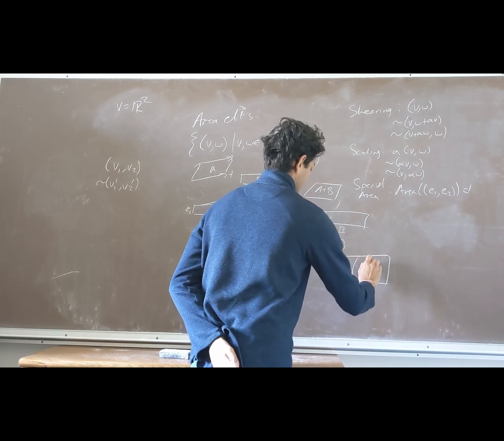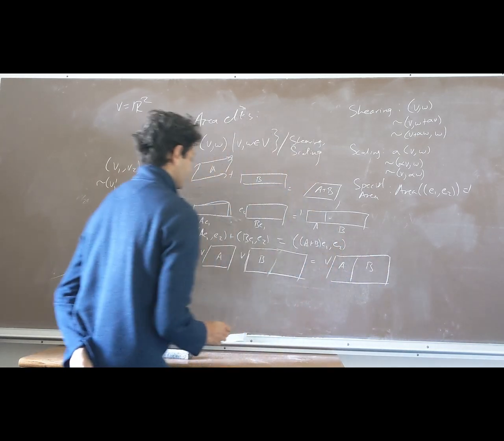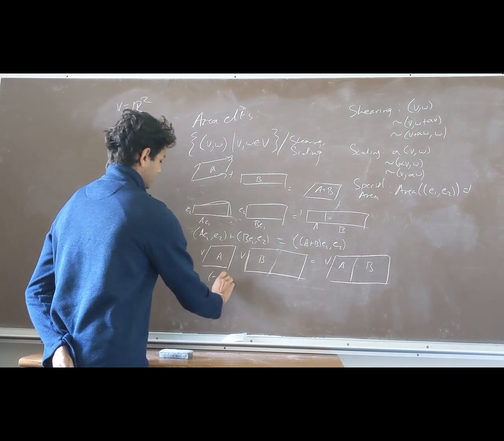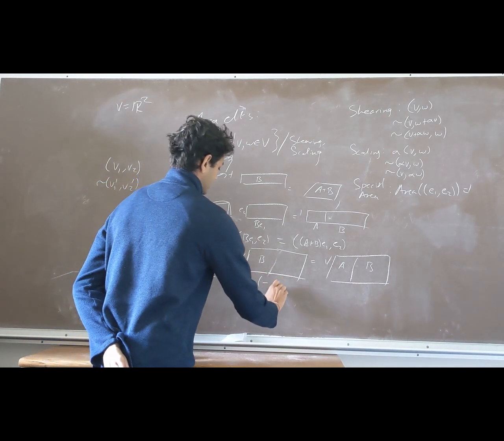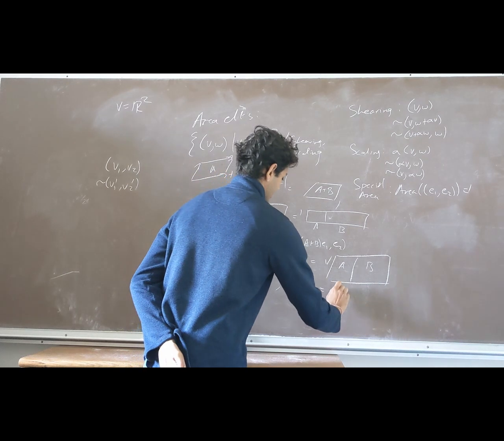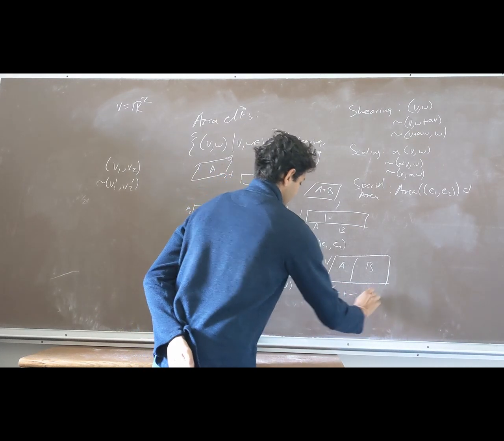This one has an area of A, this one has an area of B, and this side length is still V. And so this will correspond to something comma V plus something comma V equals something plus something comma V.